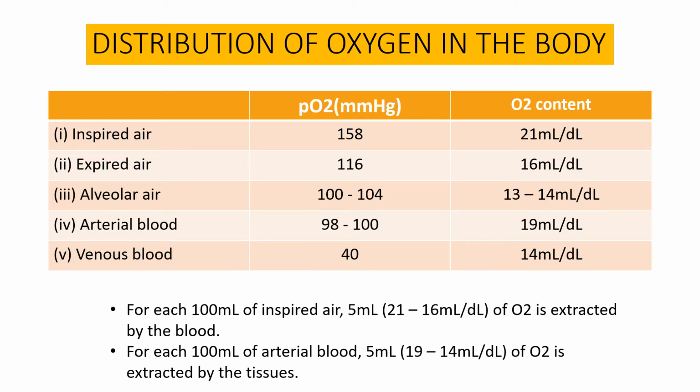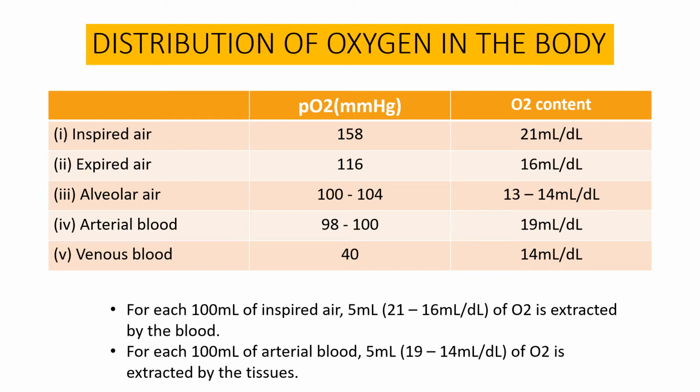Now first look at the amount of oxygen present in different portions of the air and blood in our body. You can see that in the inspired air, the partial pressure of oxygen or PO2 is 158 mmHg and the oxygen content is 21 ml per deciliter.